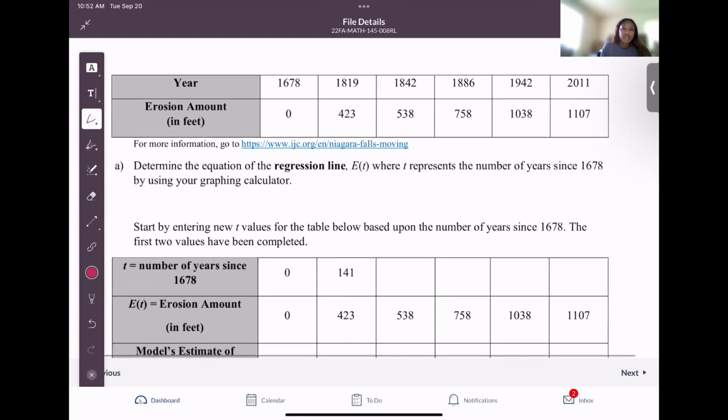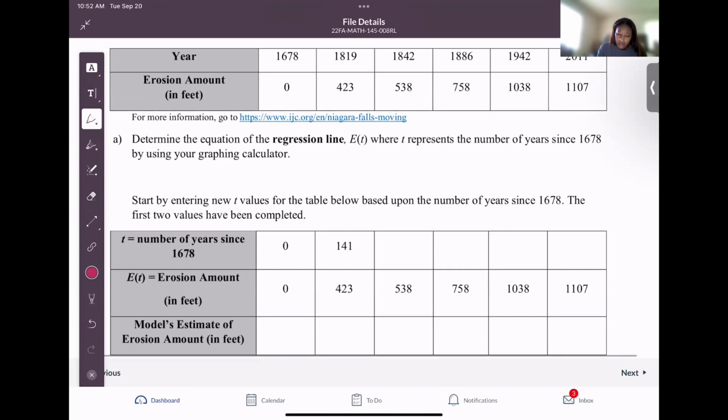In order to do this, usually when we're given years as our input, we don't want to have these huge numbers for our input. So we use the starting year as our 0, and we make our inputs the number of years since that starting year. For example, if we're starting in 1678, the year 1678 corresponds to 0.